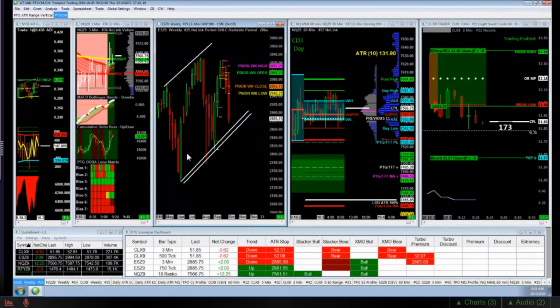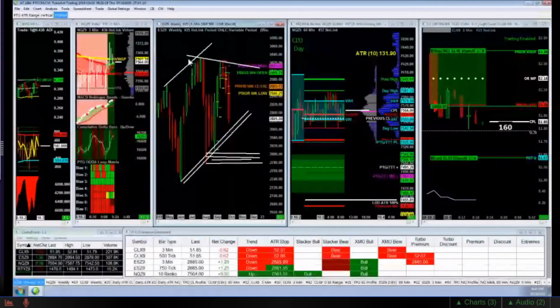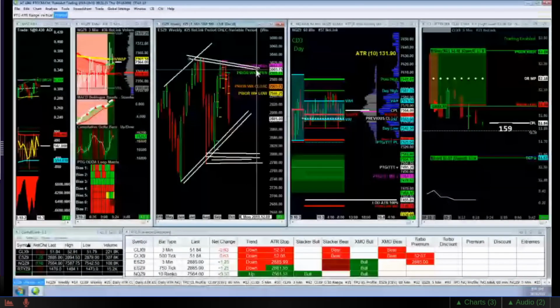It would really take a break below the 2800s, you know, 28s, 2770s, these weekly lows here, to really say that this high would be the more important high. So again, it's definitely coiling here, as you can tell.